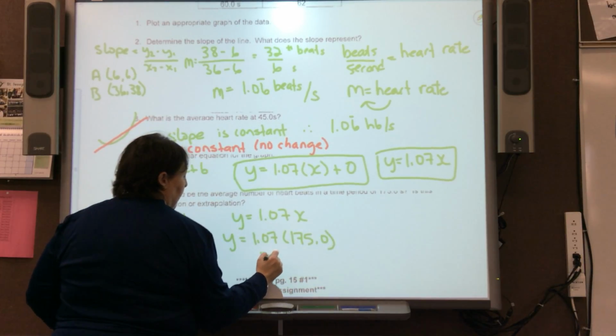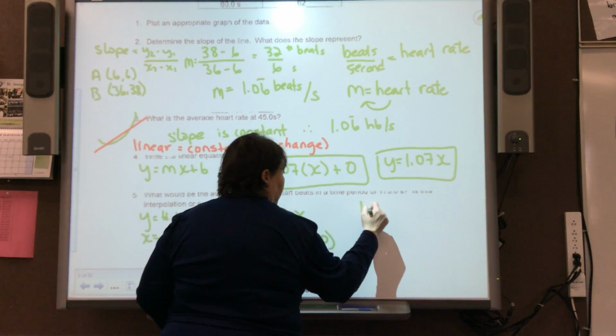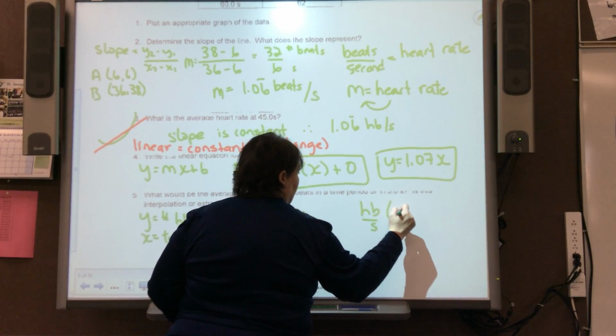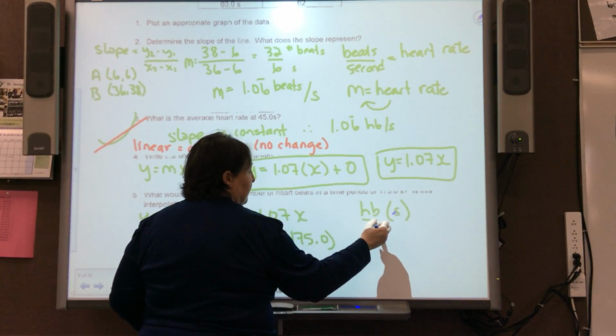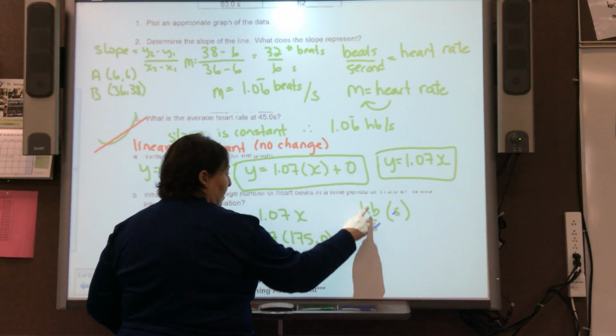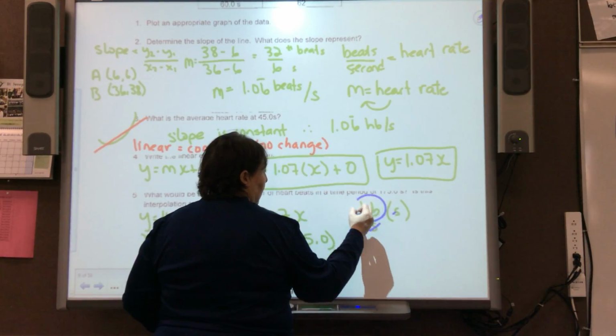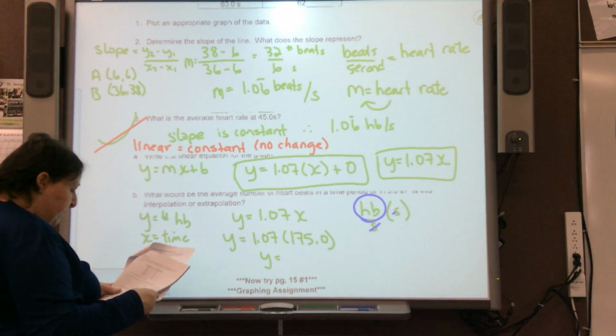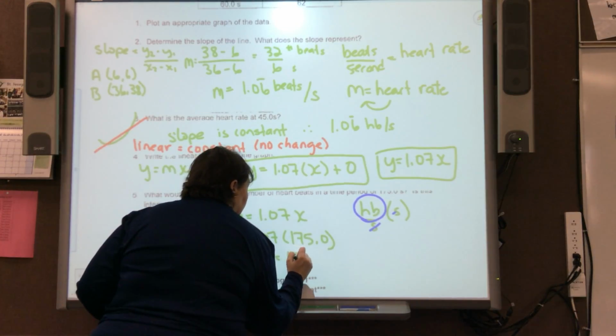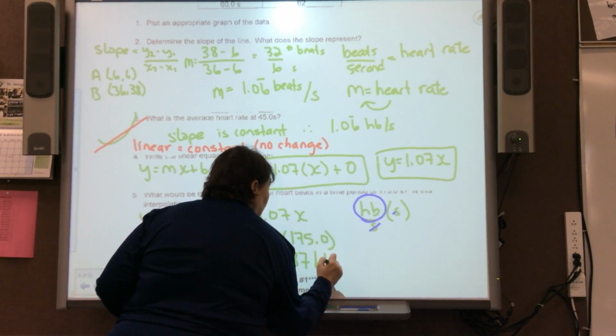Right? So this is heartbeats per second times seconds. When we look at unit analysis, seconds divided by seconds is 1. We're left with heartbeats. Y is equal to 187 heartbeats.